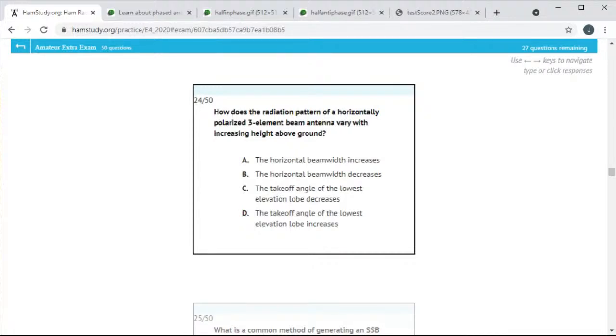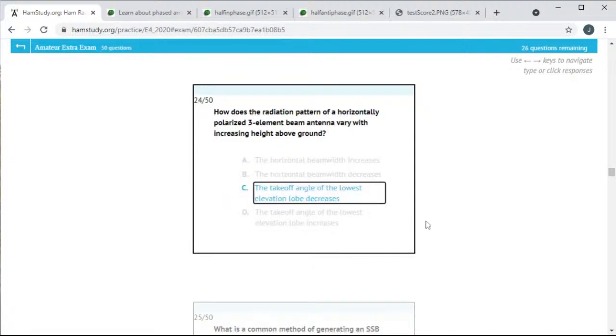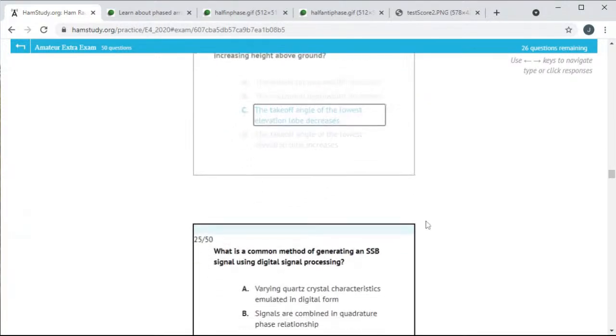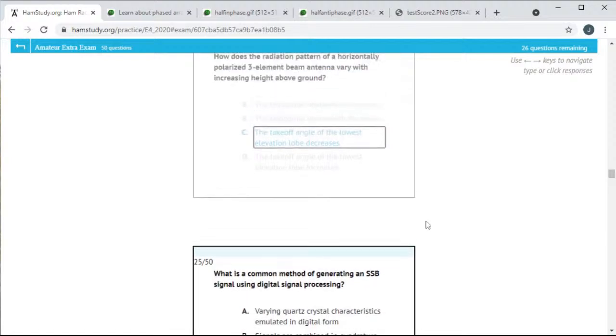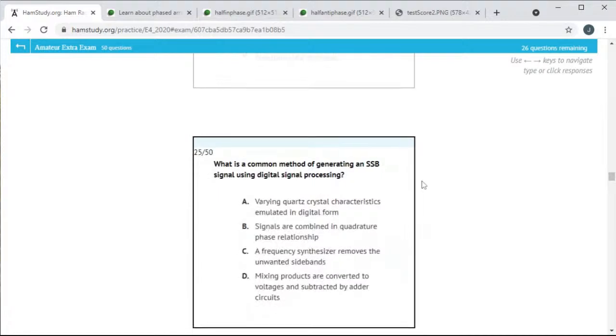So it's either going to be C or it's going to be one of A or B, and I don't know which. I'm going to go with C, that it's a trick question and it's the same answer as a dipole. But I could very well be wrong, and there's something specific with the fact that it's a 3-element beam which is kicking in A or B.